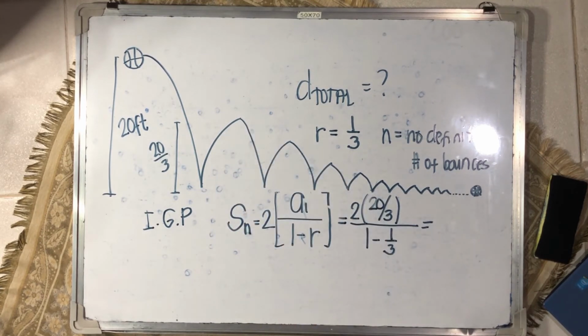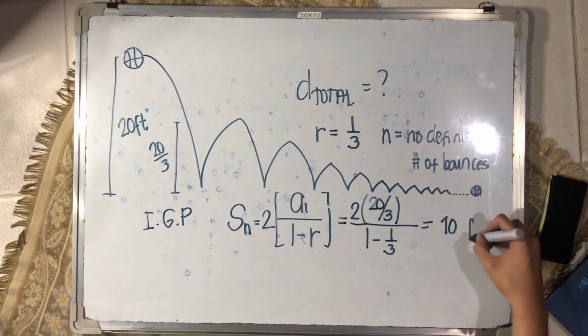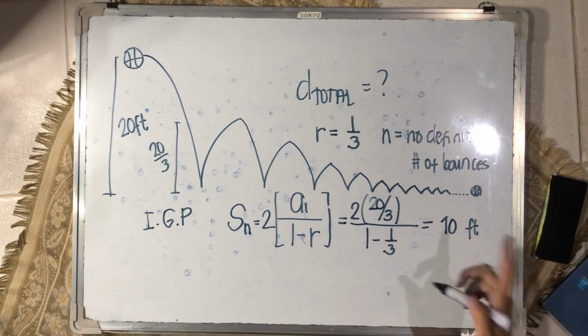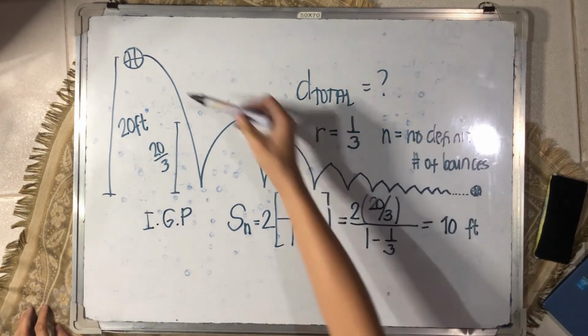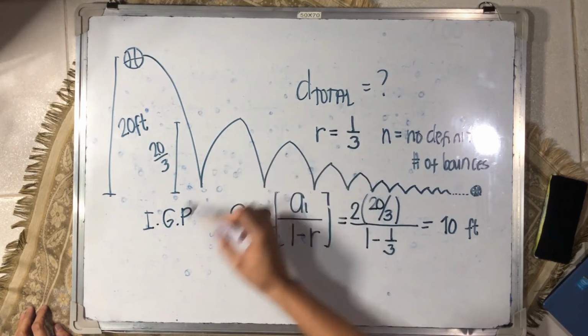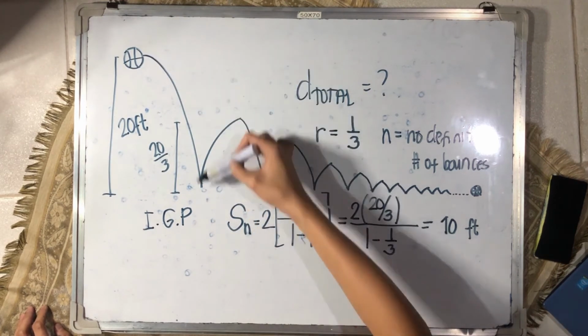So that would be how much? 20 over 3 divided by 1 minus 1/3 would be 10. 10 feet in total. Often, this is the answer people give. But you need to note that it also dropped 20 feet at the start. Don't think of it as parabolic, I just drew it that way so you can see the figure.